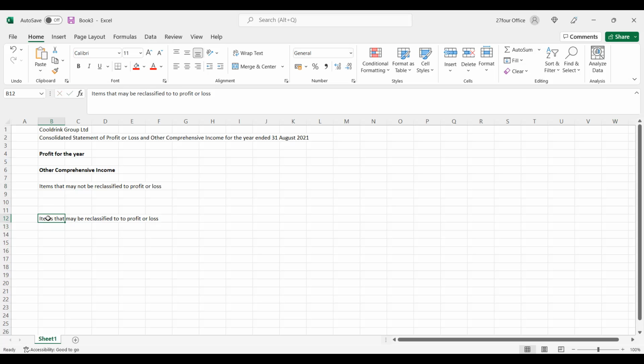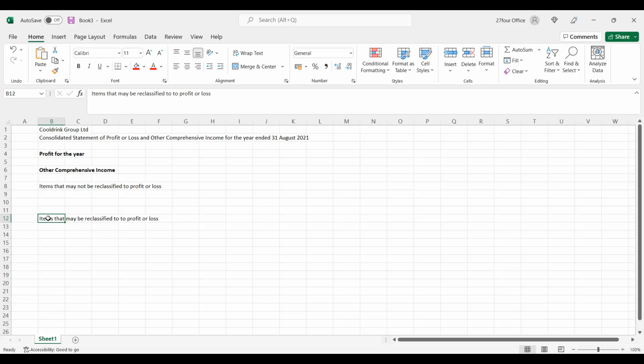So that's very important. So how do you know what items may be reclassified and what items may not be reclassified? There are two places you will find it. One, it may be in IAS 1 under the section, and it'll tell you which can and which can't. But generally, it is found in the standard specific to that item.